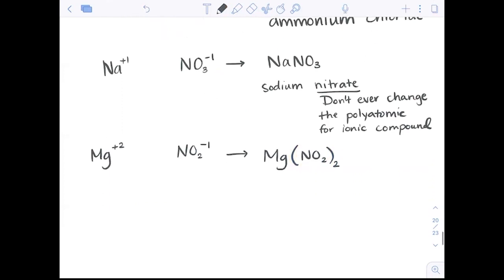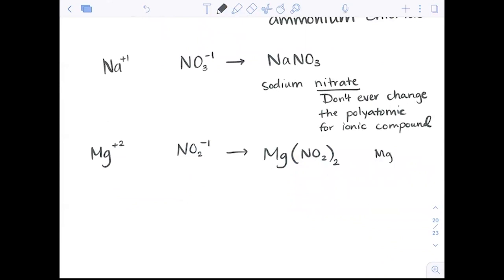Do not just write this. This is bad. What is going on? Put the parentheses around it to keep those polyatomics consistent.